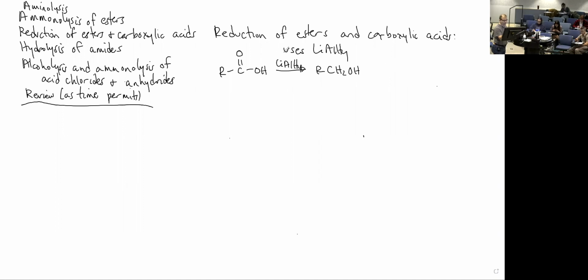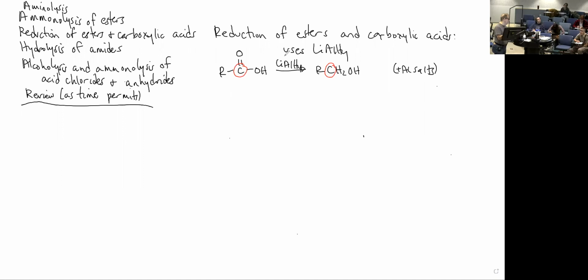And if you're wondering what happens to the aluminum, of course, it doesn't disappear. You get aluminum salts. They're inorganic, though. And what had been the carbonyl carbon of the carboxylic acid becomes the carbon of the primary alcohol. And in fact, both of the hydrogens that are attached to carbon come from the LAH.